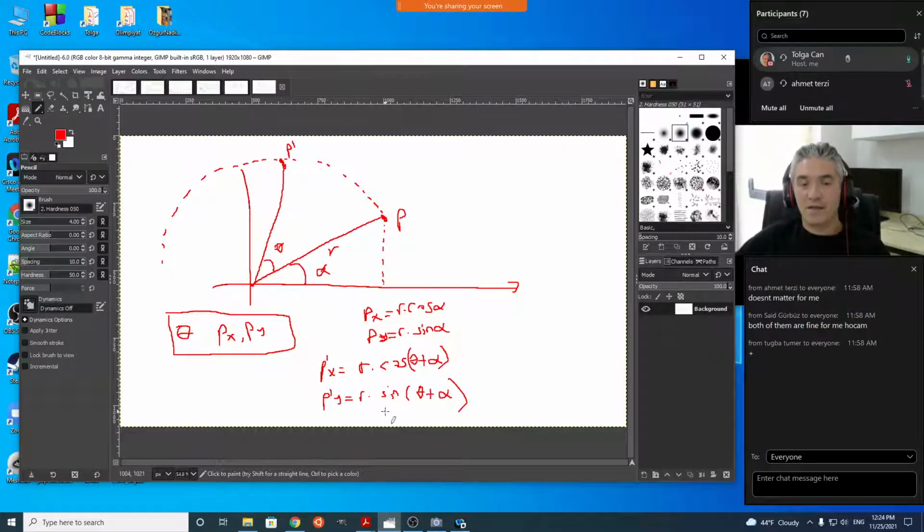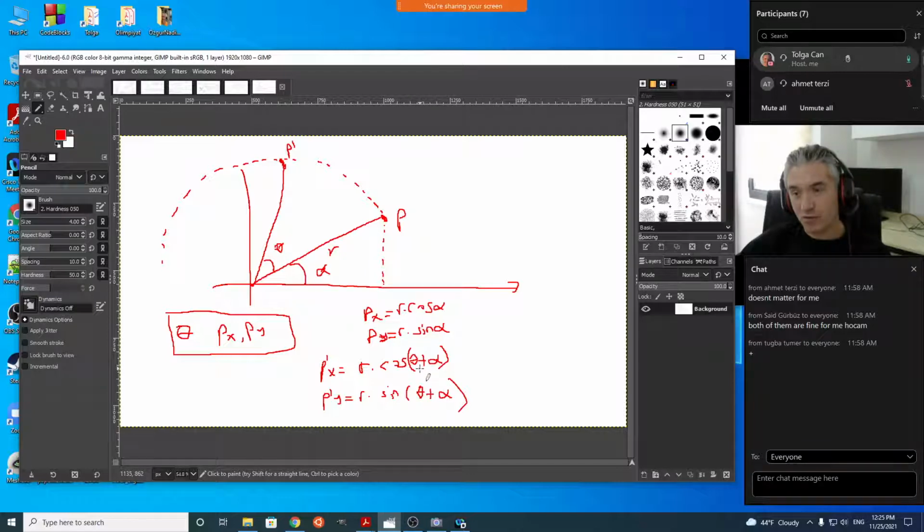And now we have to refer to our trigonometric knowledge. If we have two angles like this, can I write it as separate angles, like cos theta times cos alpha minus something? We need to go to that formula to figure this out.